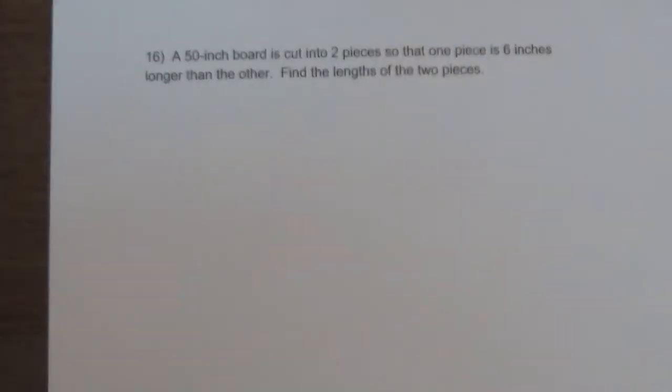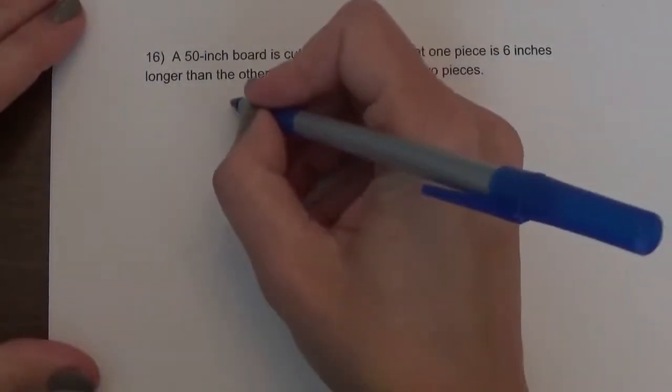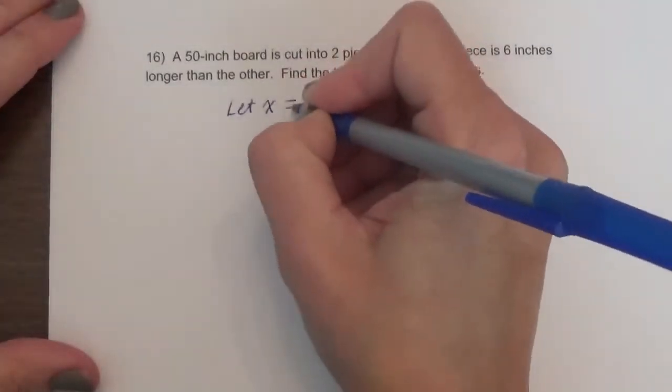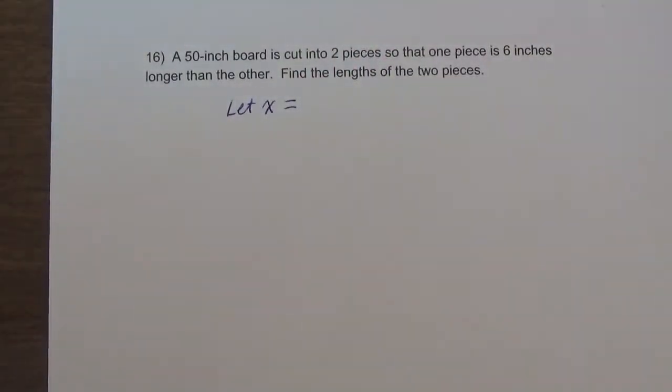All right, number 16. A 50-inch board is cut into 2 pieces so that one piece is 6 inches longer than the other. Find the lengths of the 2 pieces. Okay, let x equal. Now you have a choice here. You could find the shorter piece first or the longer piece. It really doesn't matter.